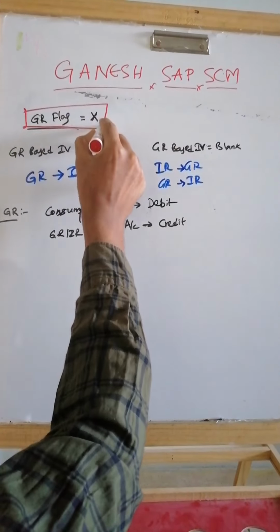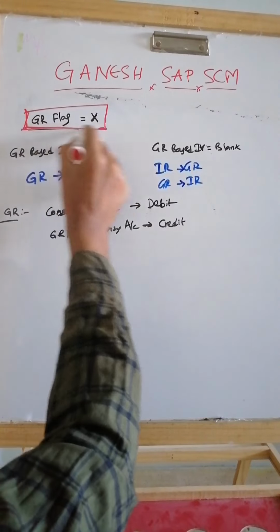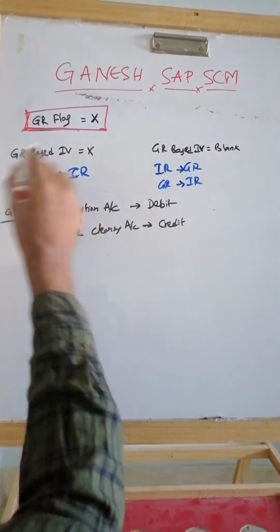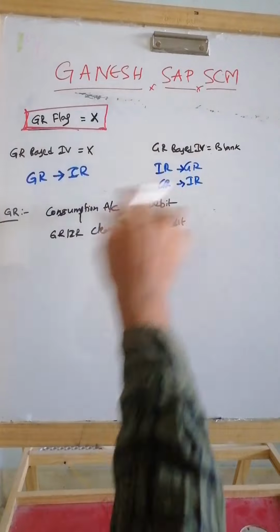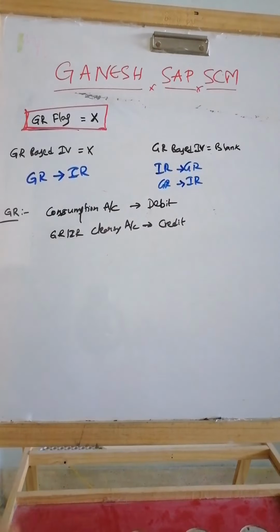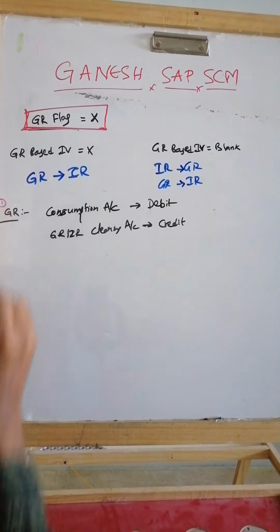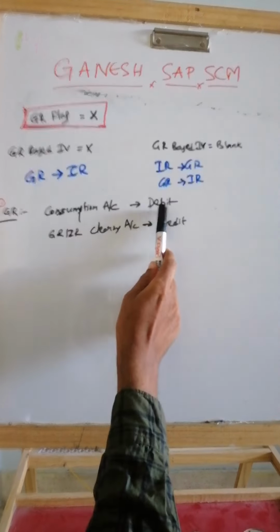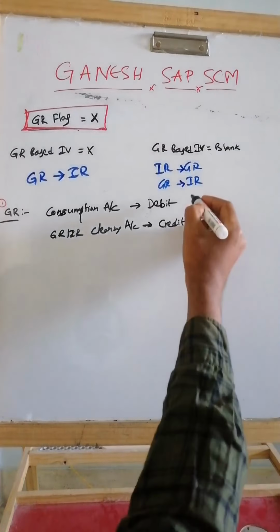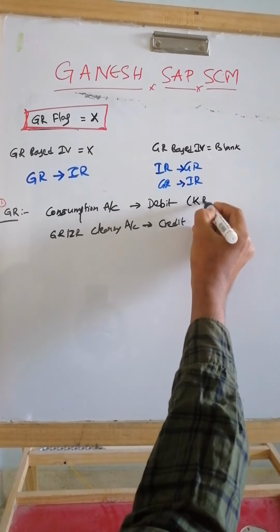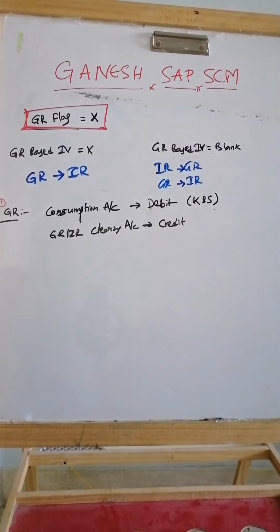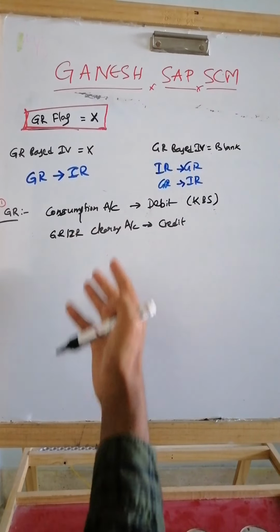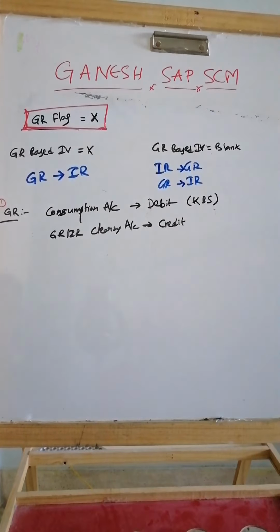We have to understand that what is at the header level, what we have put, GR flag equal to X, and whether it is X or this one, that will be just for controls only. You have done the GR first, then system will give you consumption account debit. System will show you KBS account assignment, but actually it will take from, based on your account assignment category configuration, right?